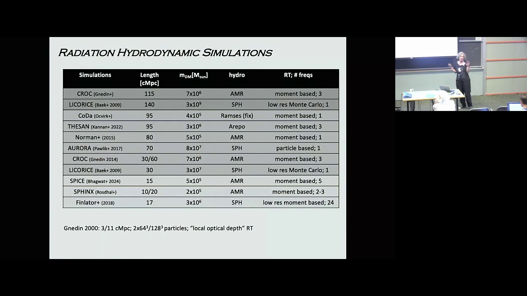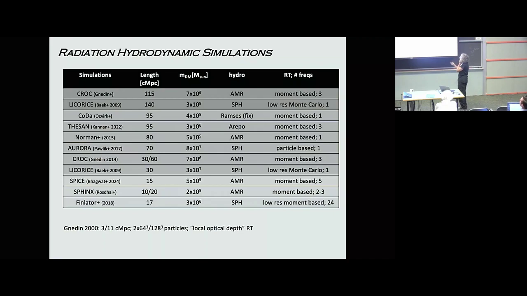Most certainly not complete, so apologies for that. And also the numbers that are quoted here might not be completely correct, because sometimes it's not easy to keep in mind all the h, comoving, proper, or the various transformations. So this should be taken with a little bit of care.